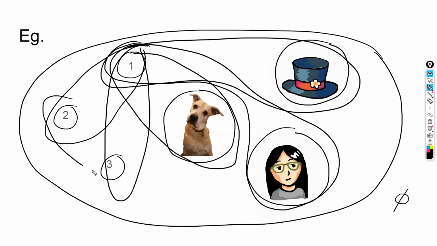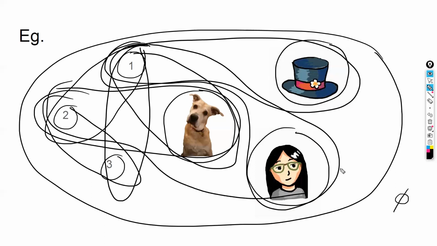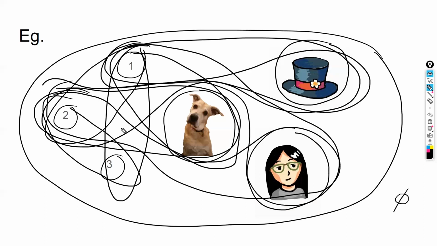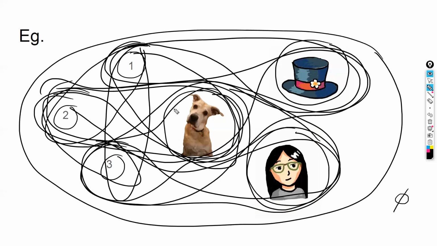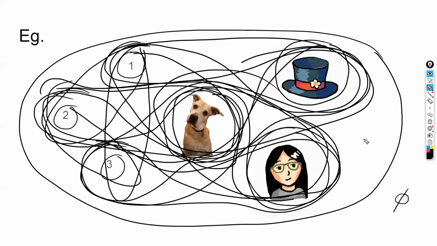With 2, I can take 2 and 3, 2 and dog, 2 and Angela, 2 and hat. Okay, and then I need to do 3 and dog, 3 and Angela, 3 and hat. I think this is getting a bit messy. Angela and dog, dog and hat, hat and Angela. Okay, that's all the pairwise ones. Now I need to take sets of 3.